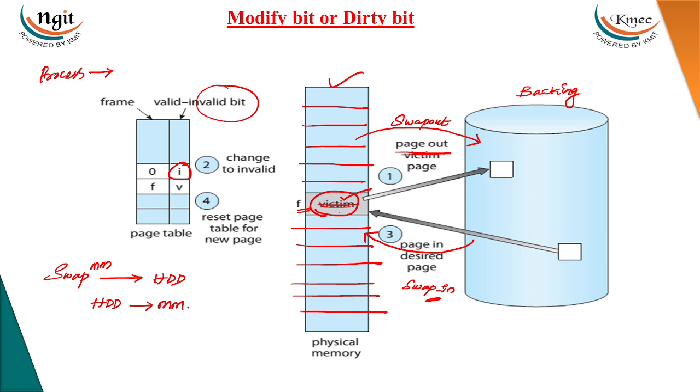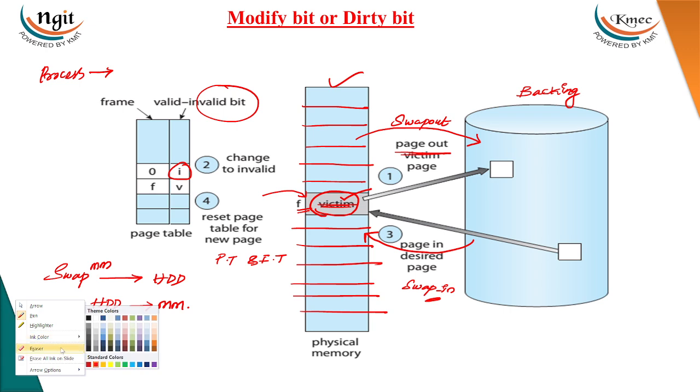This will change the page table values as well as frame table values, but we need to be careful. We need to find out whether any contents of the victim page that we selected in main memory have been changed or not.